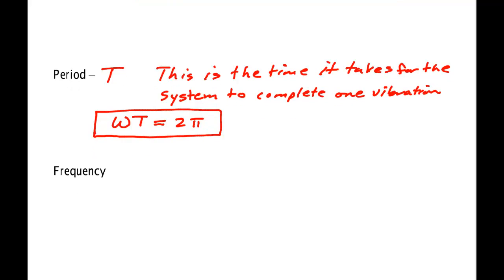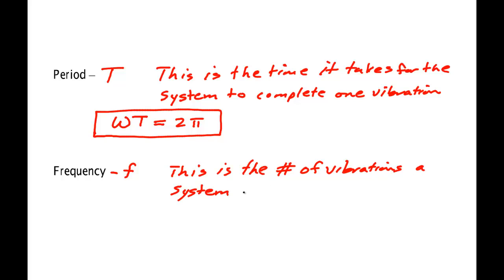Frequency. Sometimes instead of talking about the time it takes for something to make a vibration, if that time is very short, we instead count the number of vibrations that occur in a given amount of time. This gets us to the frequency. The frequency is the number of vibrations a system makes in 1 second.